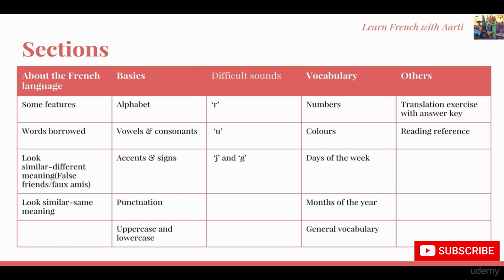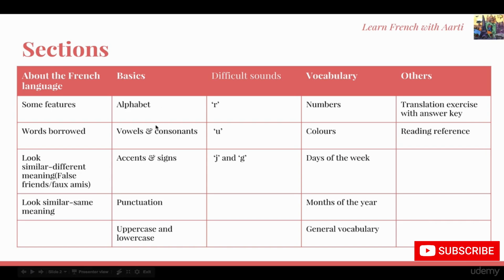Then the section on basics, where we start with the French alphabet, like we did in school, then vowels and consonants. Knowing these will help you with written French and pronouncing words correctly. Then we look at French accents and signs, which change the meaning and pronunciation of words.